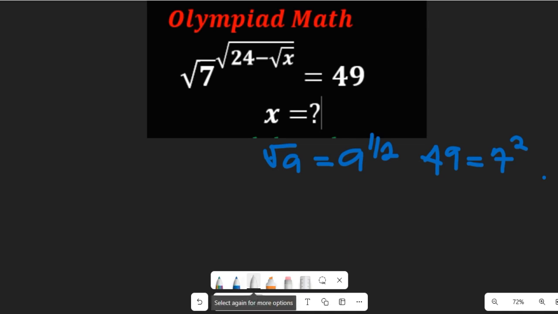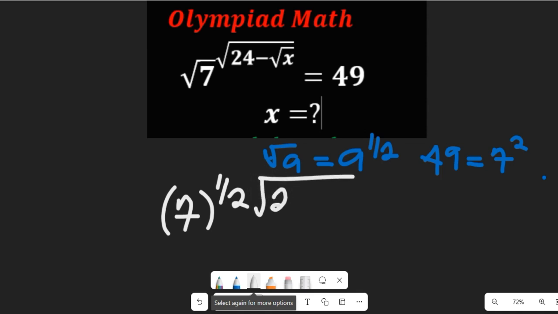From that expression now, we can have 7 to the power of 1 divided by 2, and this will be all to the power of the square root of 24 minus the square root of x, and this will be equal to 7 to the power of 2.